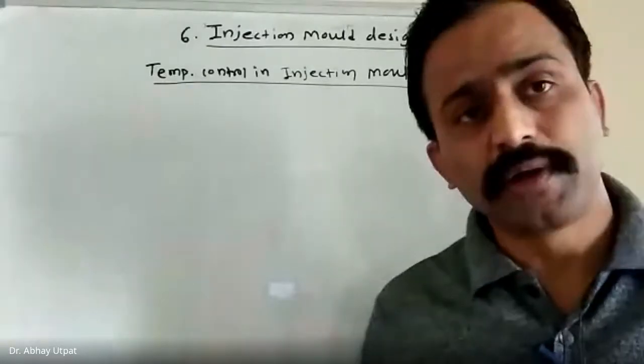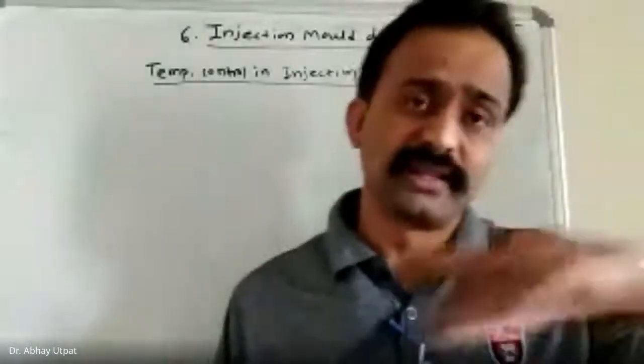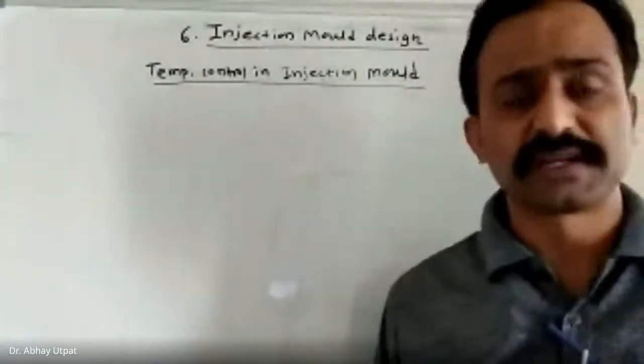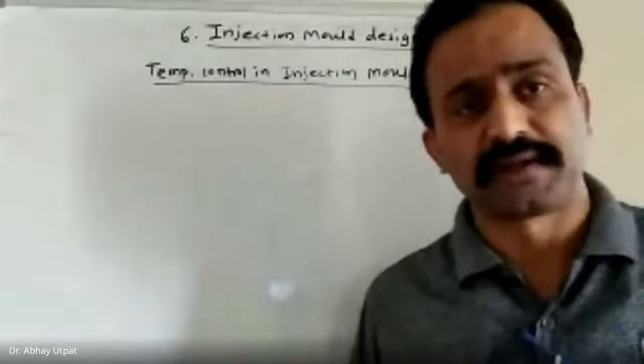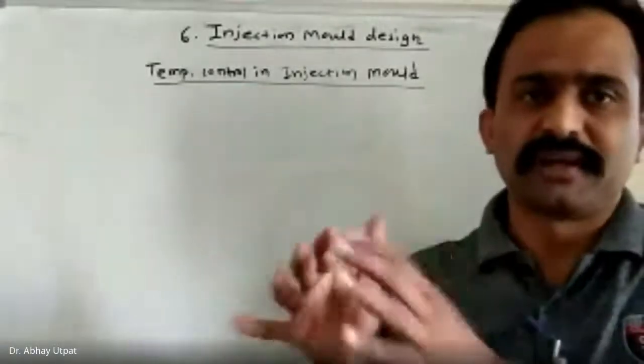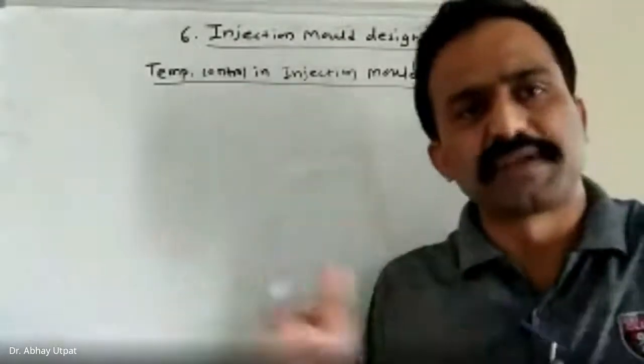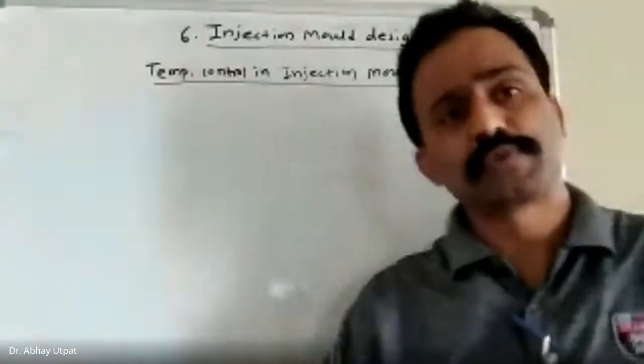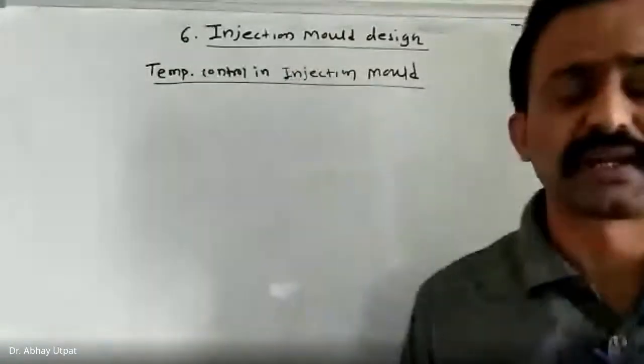How is water circulated? Some channels and grooves are provided in the mold. These are called cooling circuits, which are part of the 7th chapter. The 6th and 7th chapters are split in that way, and in the 7th chapter we will see what kind of circuits are provided.